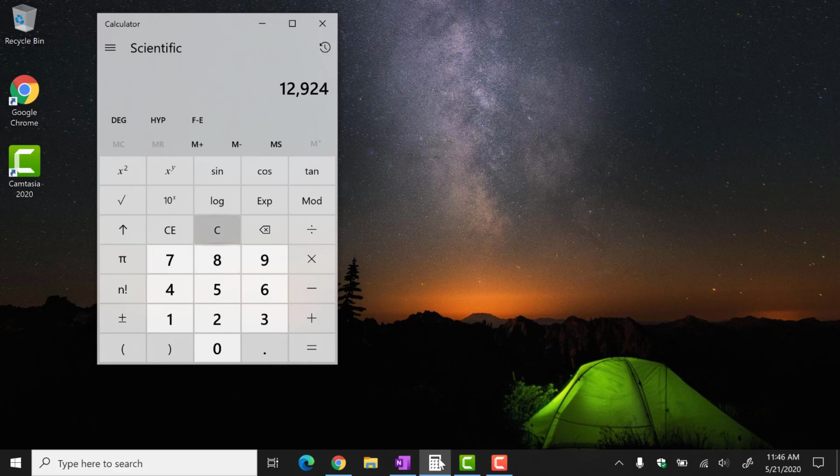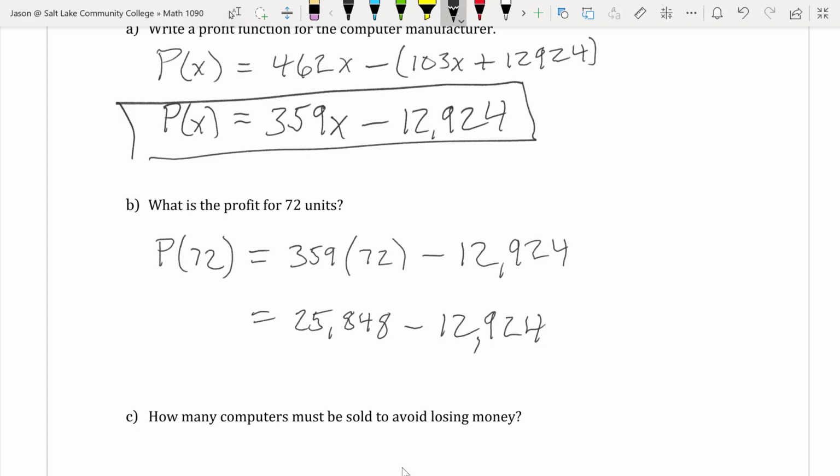Let's just check that. 2 times 12,924. Oh yeah, look at that. Okay. So the profit is $12,924 when you sell 72 units.